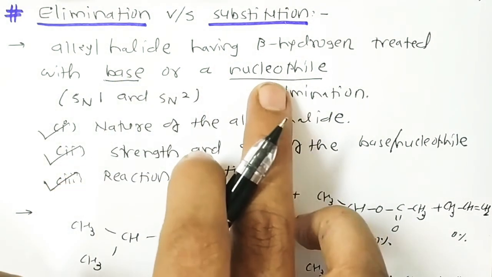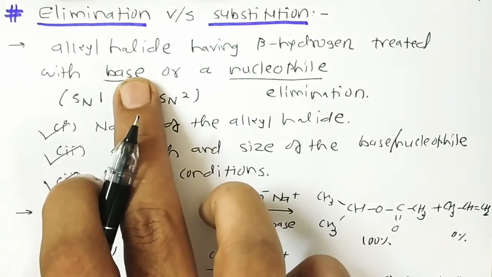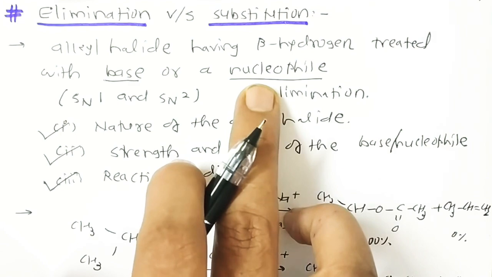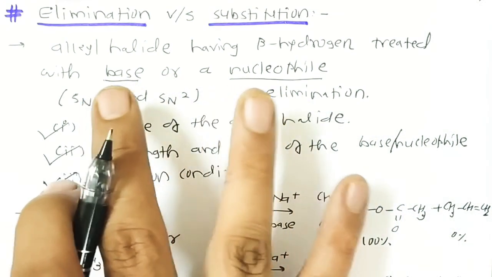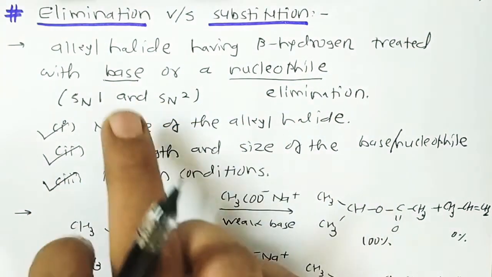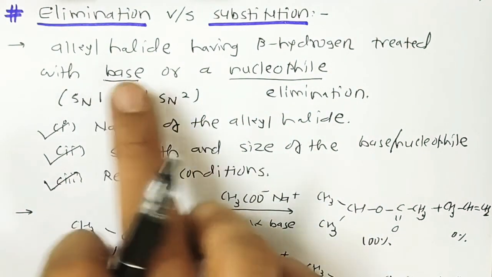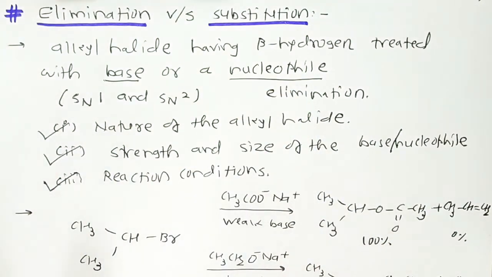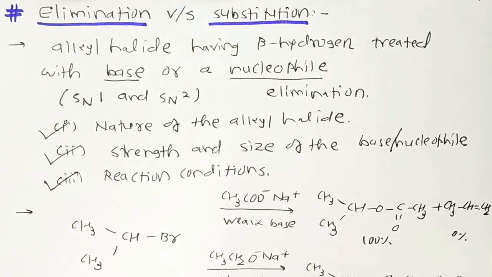A base always connects with an acid, like an acidic proton H+, while a nucleophile attacks the partially positive carbon. So that's a very good difference. In the case of JEE Advanced, questions can be asked on basicity and nucleophilicity, and the difference between them.